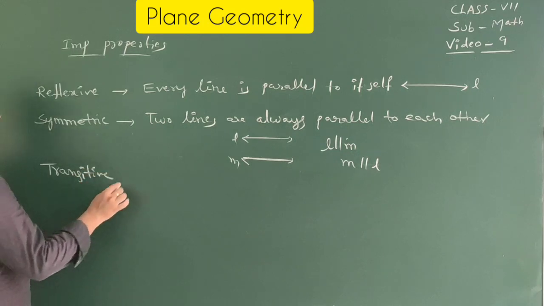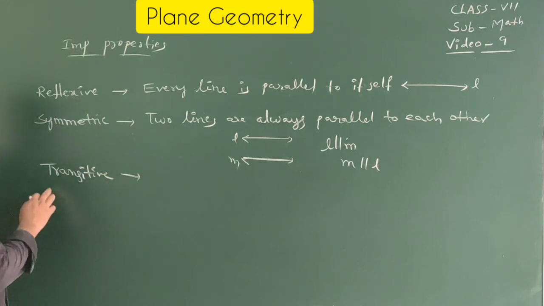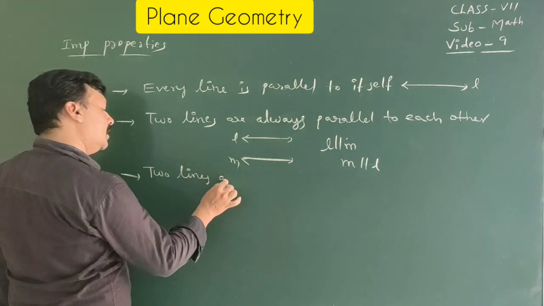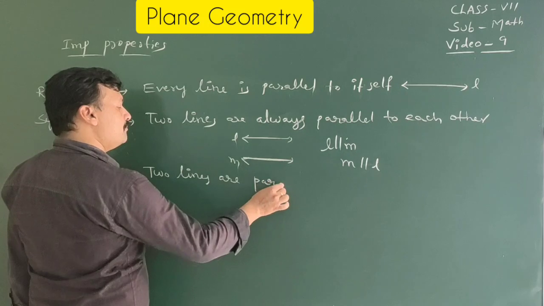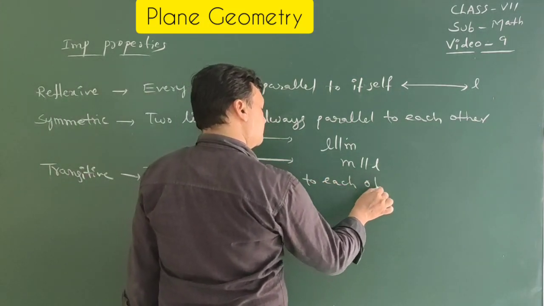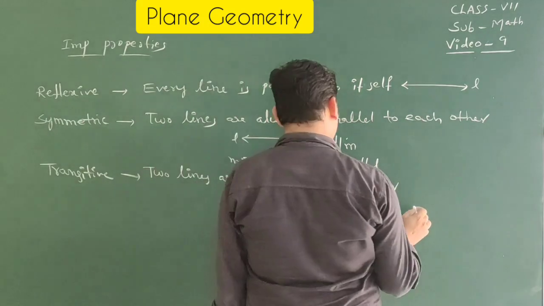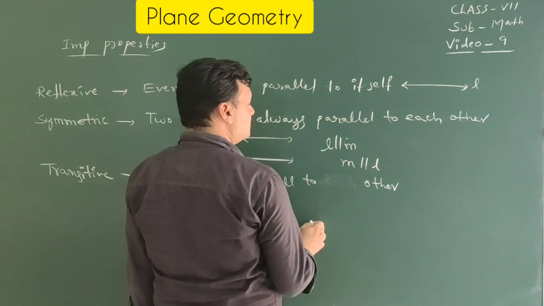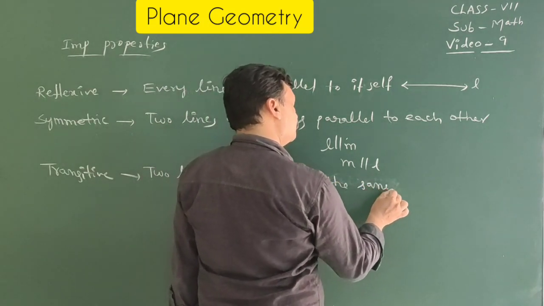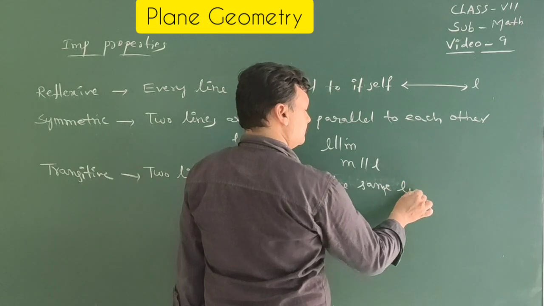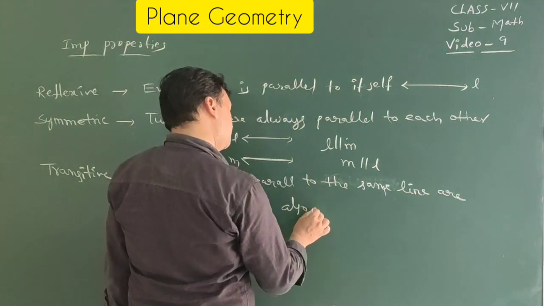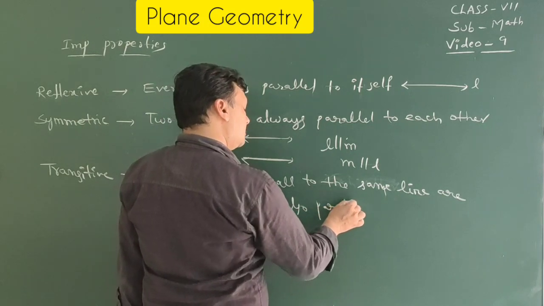Transitive. Two lines parallel to the same line are also parallel.